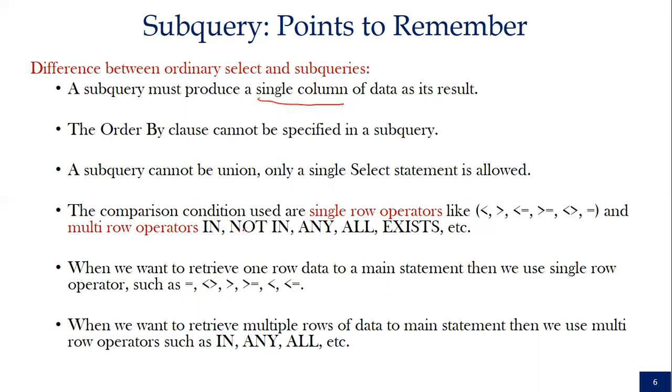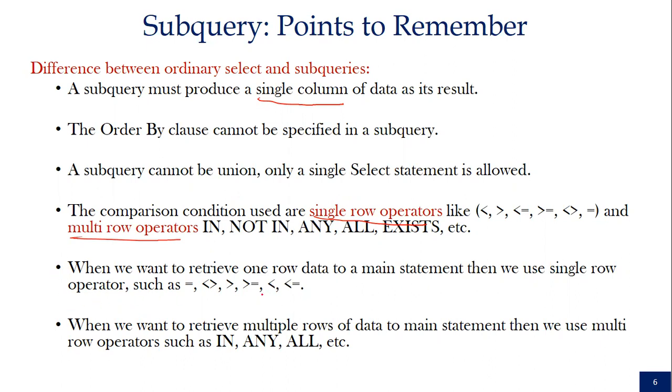The comparison conditions used are single row operators. In a subquery, you can use different comparison operators, single row or multi-row. Whenever you use a single row comparison operator, it is a single row subquery. Whenever you use a multi-row comparison operator, it becomes a multi-row subquery.